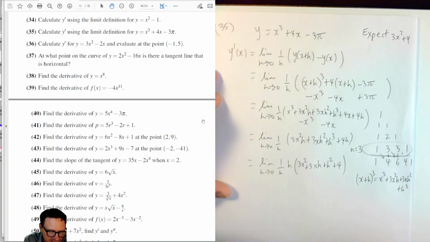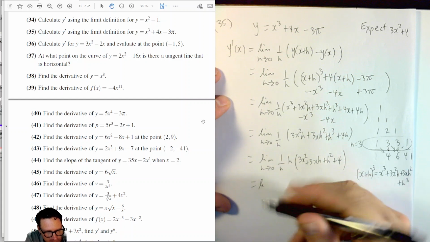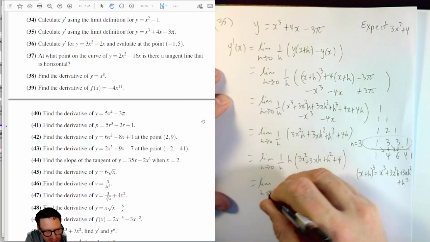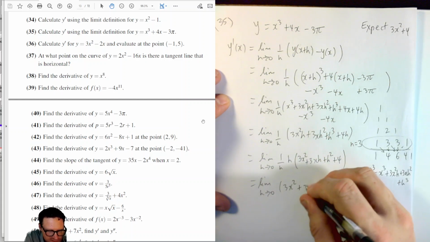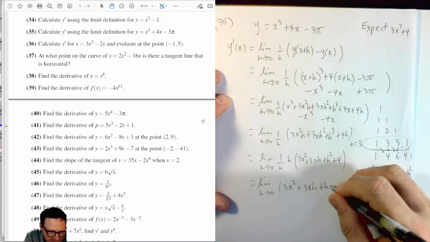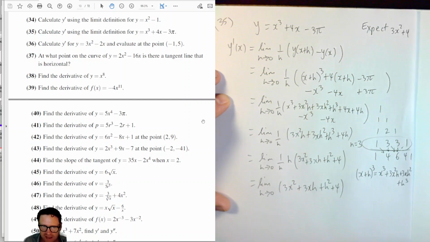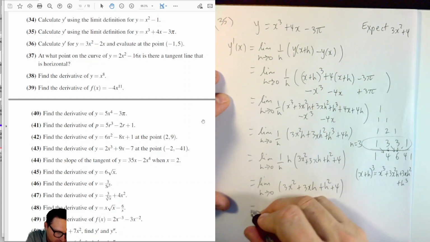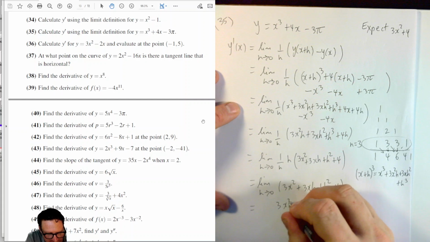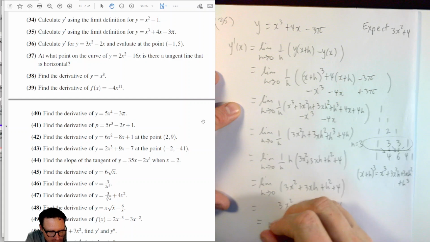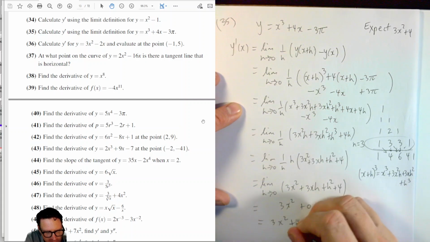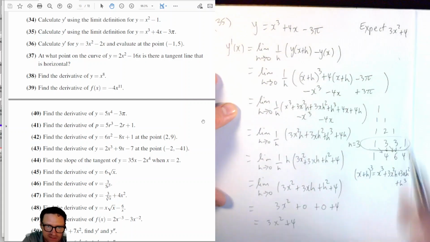Okay, cancel the h, and then we just have the limit as h goes to 0 of 3x squared plus 3xh plus h squared plus 4. So now we sub in h is 0, and we have 3x squared plus 0 plus 0 plus 4. Of course, that's 3x squared plus 4 as we expect.